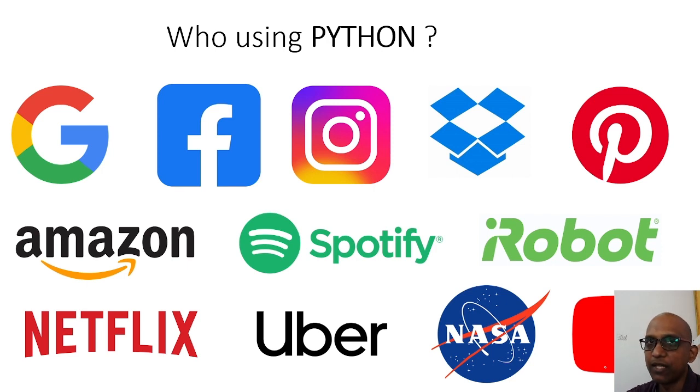Python got more popular from 2015 onwards. There was a drastic change in popularity for Python from 2015. Before that Python was there, but Java was leading in the programming languages. Now Python is the leading programming language. So why is it more popular from 2015?